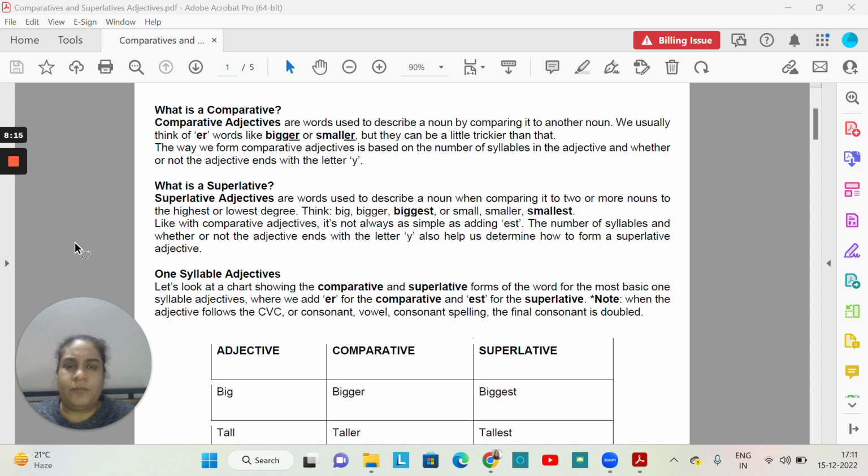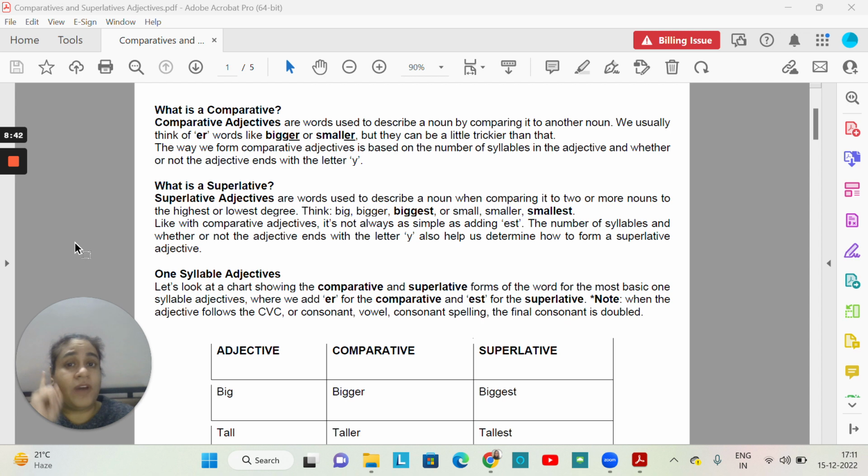In some words, you will have one syllable. So you might come across the words one syllable word or two syllable words. One syllable word means where you will hear only one vowel sound. For example, big, sick, tall. They have only one syllable.